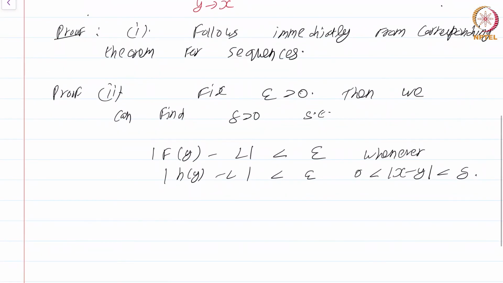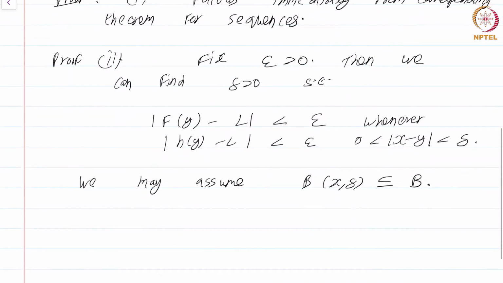Okay. Now, we may assume B(x, delta) is contained in B. Why can we assume this? If not, just make delta even smaller in order to make B(x, delta) contained in B. This can be done.